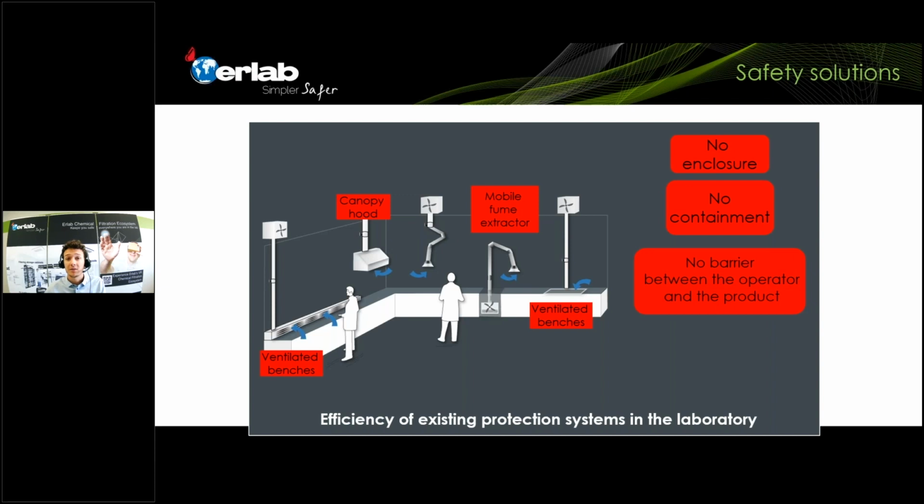So the question that we ask is, is there a barrier between the operator and the product? Is there an air barrier between the people who work with the chemicals to make sure that they're not exposed to these risks? So in general, there is a limited protection.